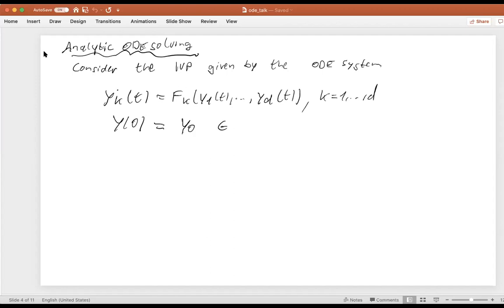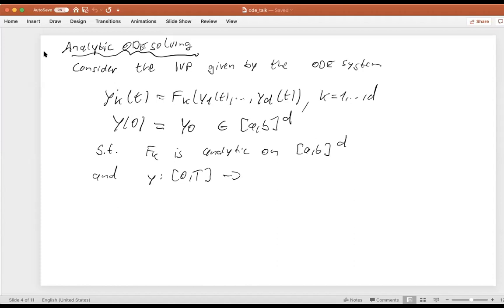Here we restrict to some polydisk, and such that each f_k is analytic on this polydisk. And there is a solution y defined on some interval mapping into this polydisk. And the question is how to compute y.